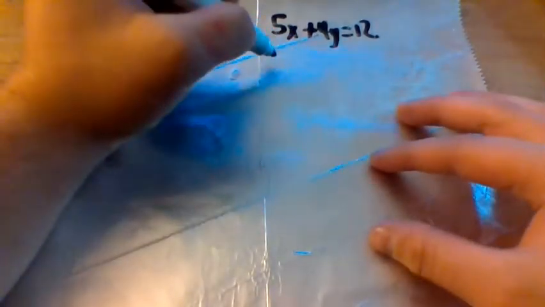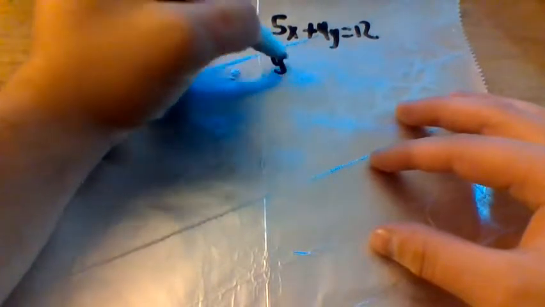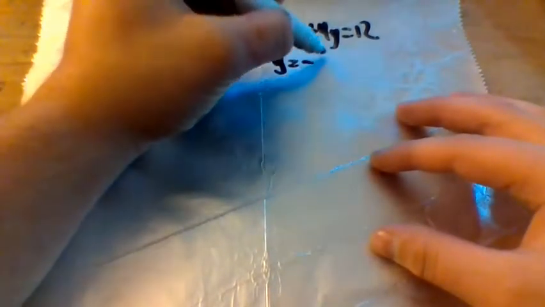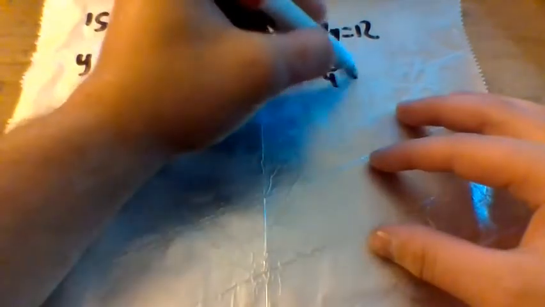And then this one will be y equals negative 5/4 x plus 3. And the reason that is, is because these lines are coinciding. So when you would graph these, they'd be the exact same line. So that would make them coinciding, because they'd have the same slope and the same y-intercept.